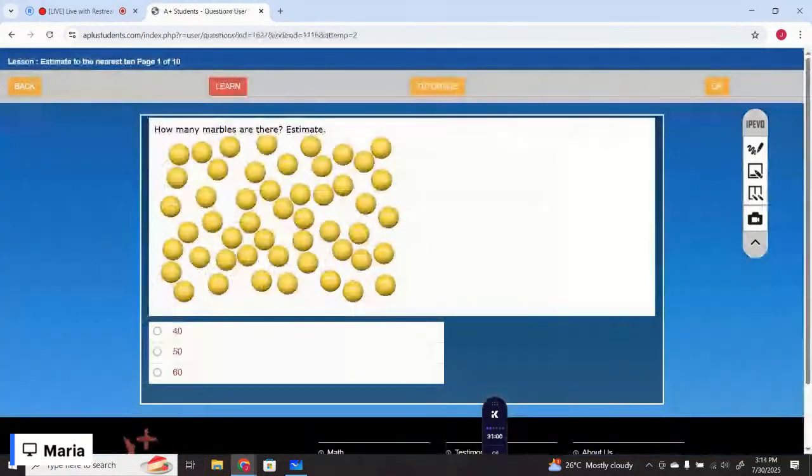How many marbles are there? Estimate. There are around 50. Option number 2 is the correct option.